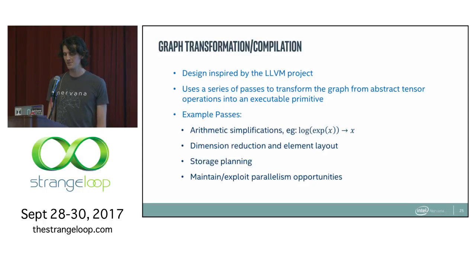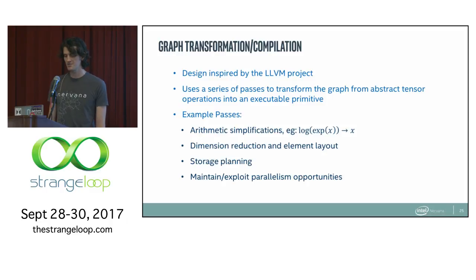Some example passes that you might see in the optimizations would be things like arithmetic simplification, for instance removing redundant ops. If you have a variable and you take the exponent and then you take the logarithm, that of course can be simplified to just that variable.